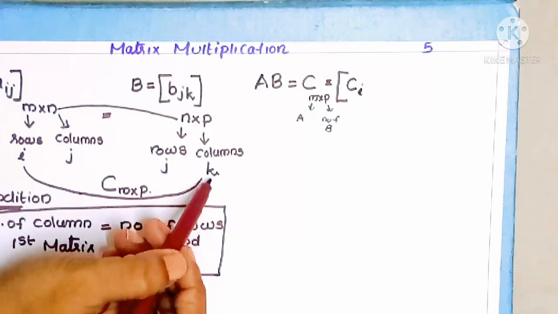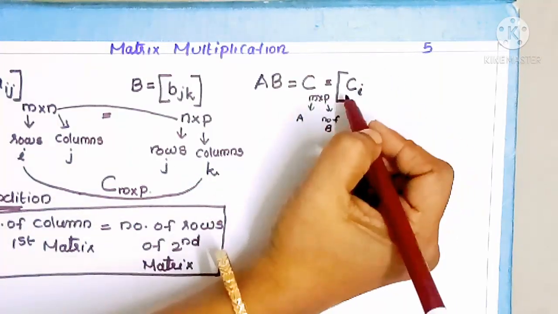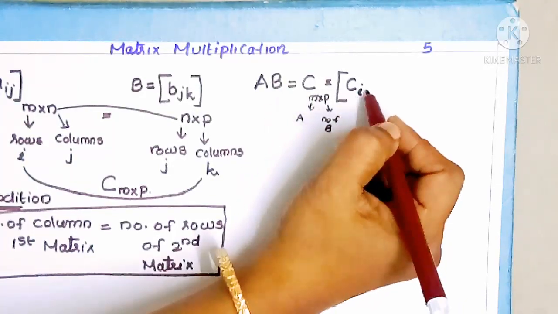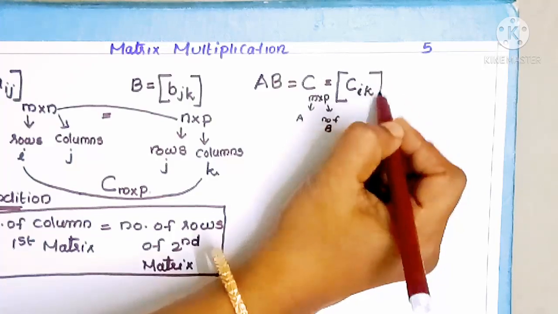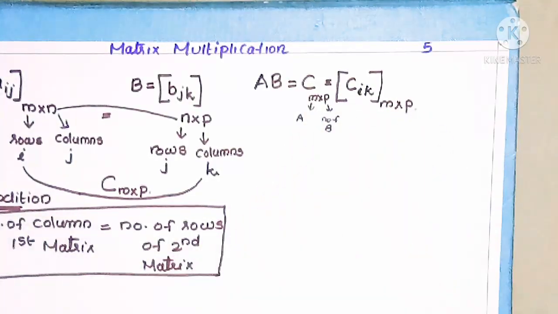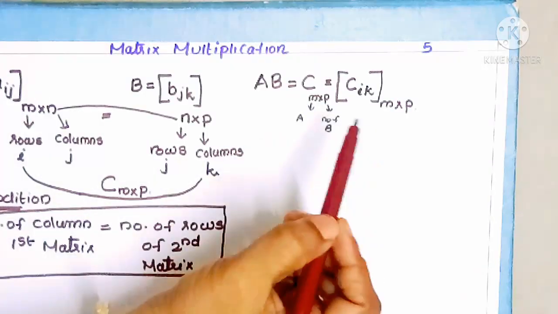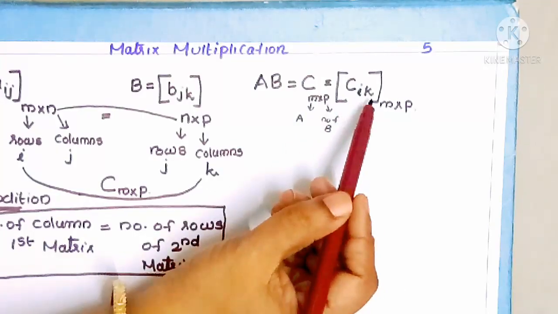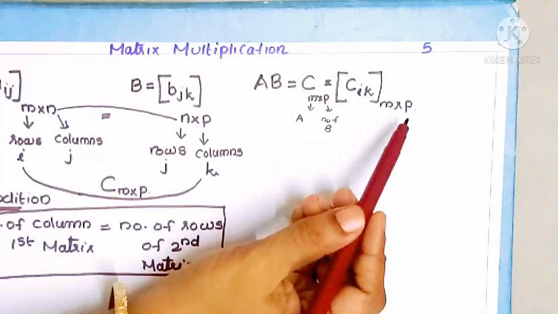To indicate the column position, we are using the letter k. So to represent the resultant matrix C, it can be written as C i k, and it is an M cross P matrix. Did you understand how we write a resultant matrix? It is C i k, and its order is M cross P.